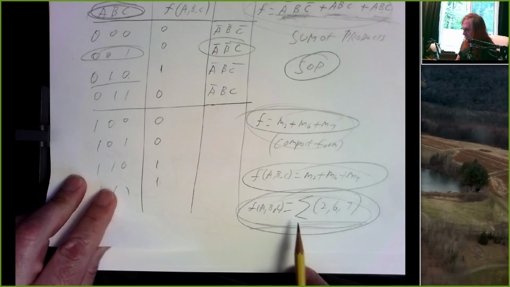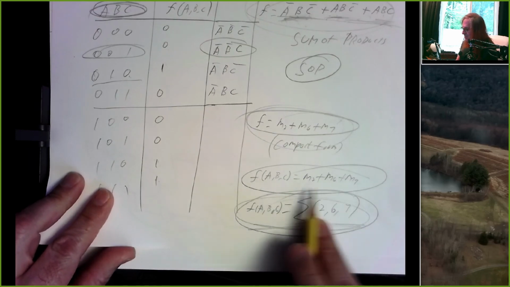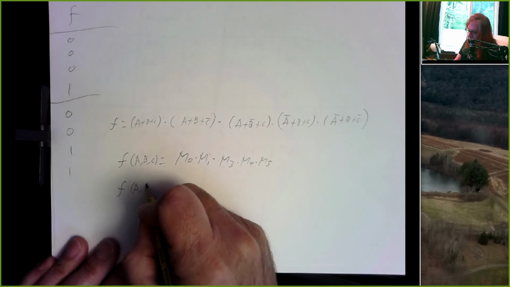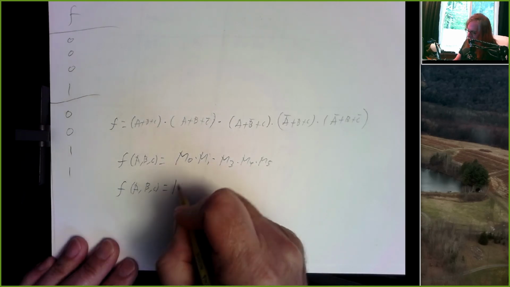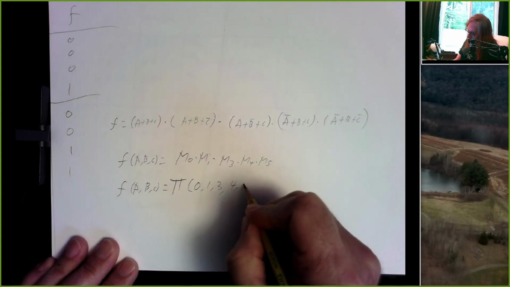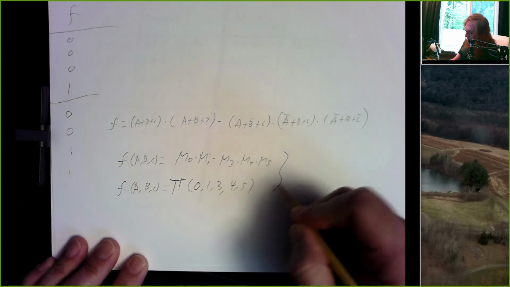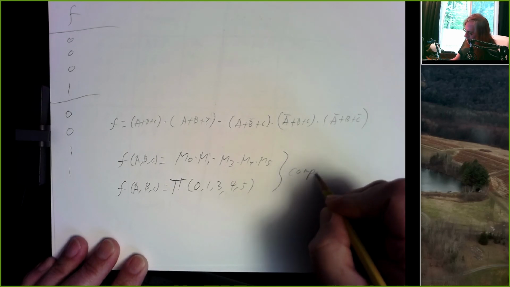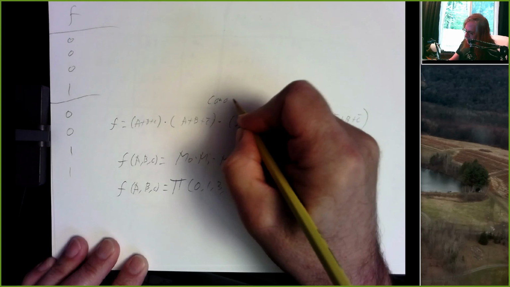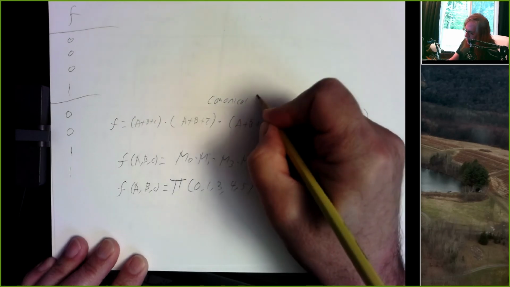And just like we can use a summation to get rid of these plus signs, we can use a product sign, which is an uppercase pi. And so these are compact forms. And this is a canonical form.